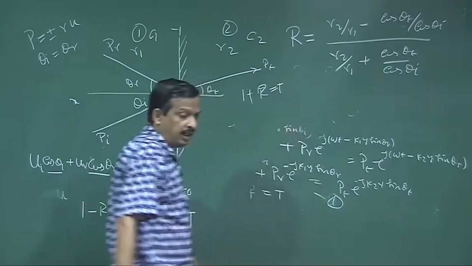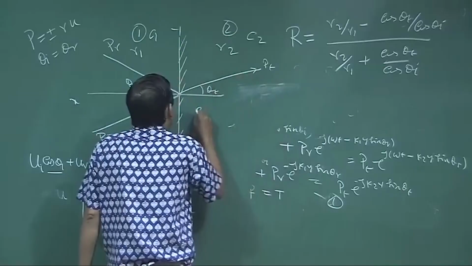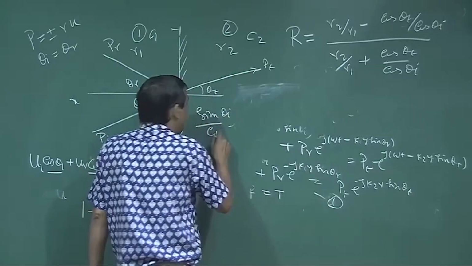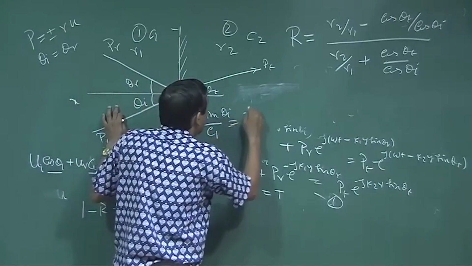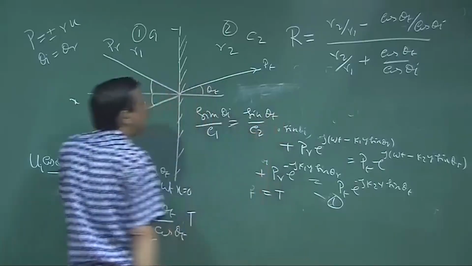And another equation, Snell's law, says that sin theta I by c1, the velocity of sound in the first medium, is equal to sin theta t by c2.